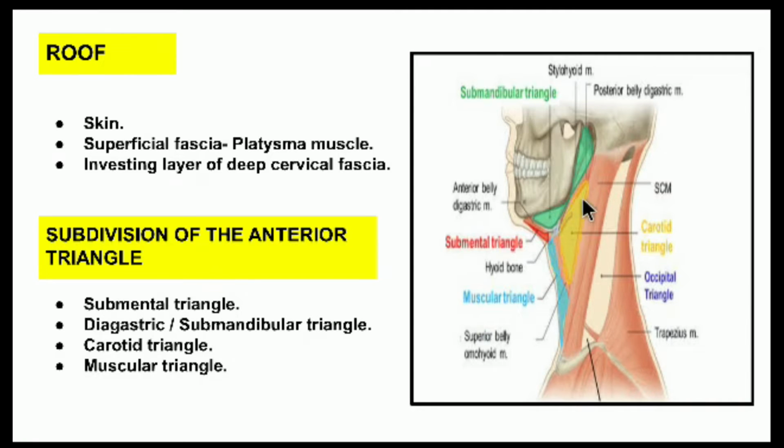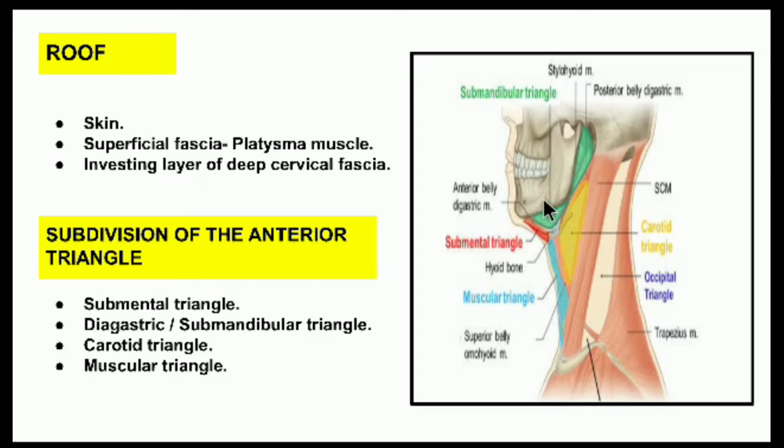The subdivisions are due to the superior belly of omohyoid muscle and the digastric muscle: the anterior belly and the posterior belly. See, the anterior belly of digastric muscle, posterior belly of digastric muscle and superior belly of omohyoid muscle divide the anterior triangle into four parts.